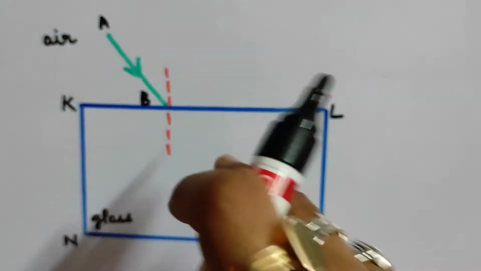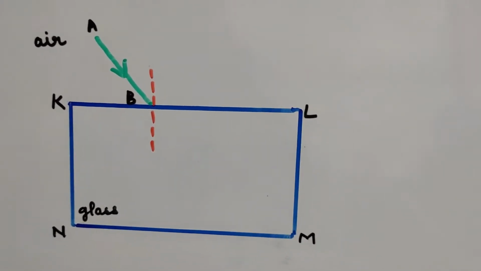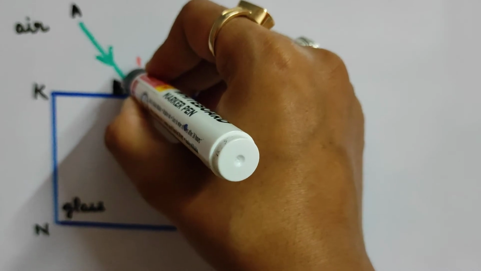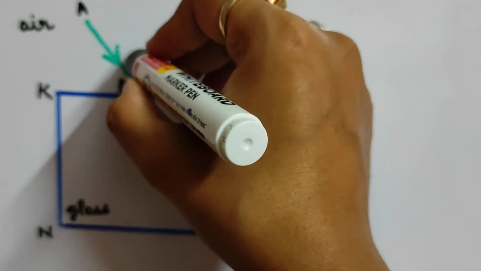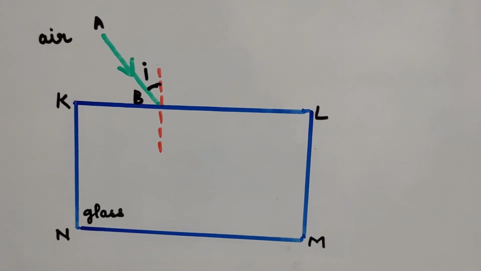So you can see that this ray is striking at point B and the angle formed by this incident ray with the normal is angle of incidence represented by I. Fine.